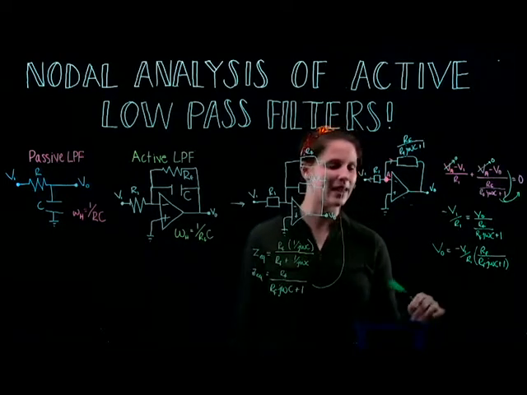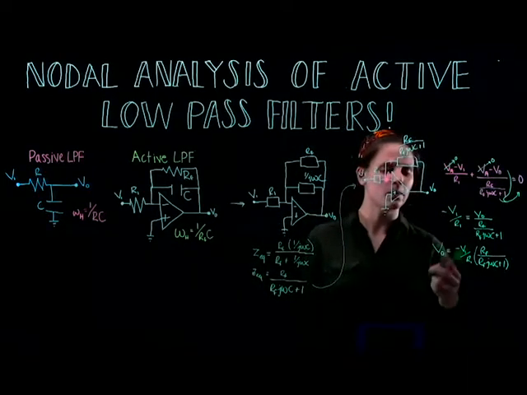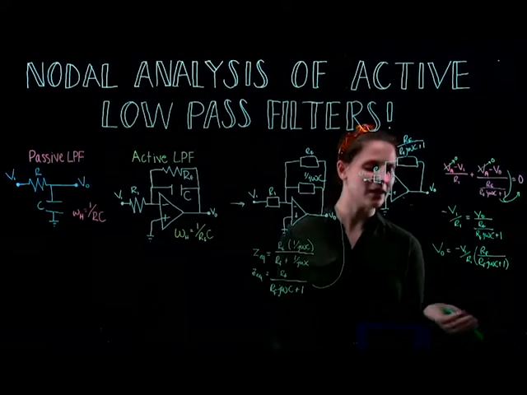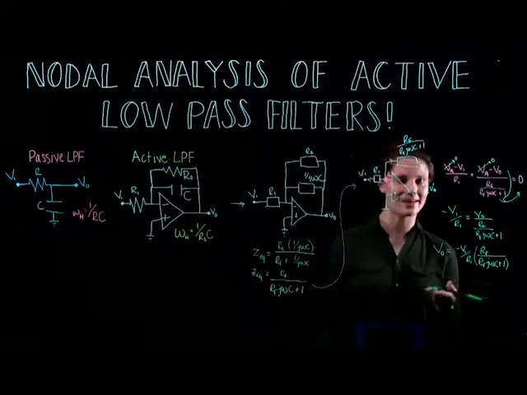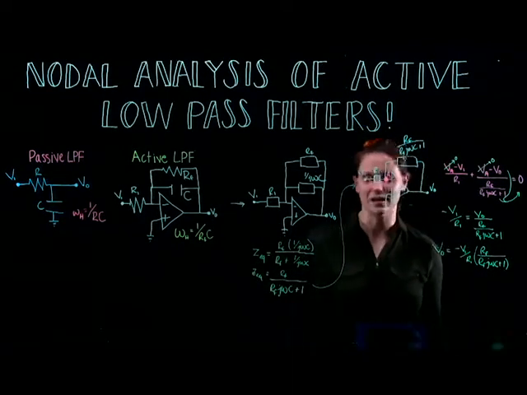And now, finally, we can move our V1 over to this side. We're going to divide by V1 because we know that the gain is defined as Vout divided by Vin.